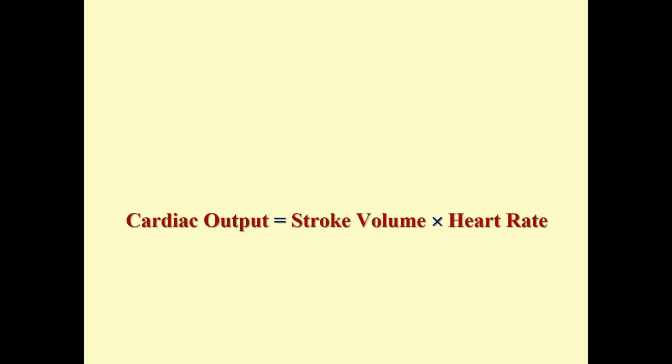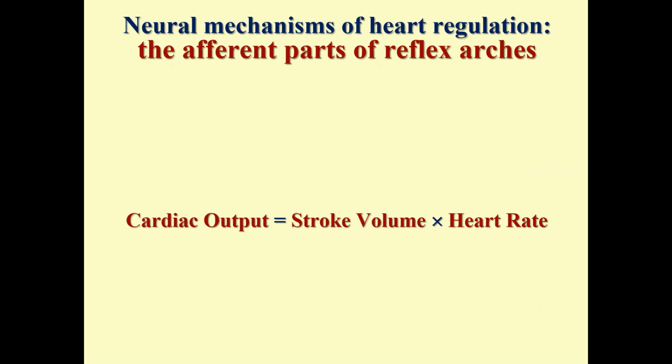Then we move to cardiac output, which is stroke volume multiplied by heart rate. Neural mechanisms. Here, first we consider just background for neural mechanisms. The efferent part of reflex arches. You see, before now we considered only efferent mechanisms, how efferently from sympathetic nuclei or from vagus nuclei we can change heart activity.